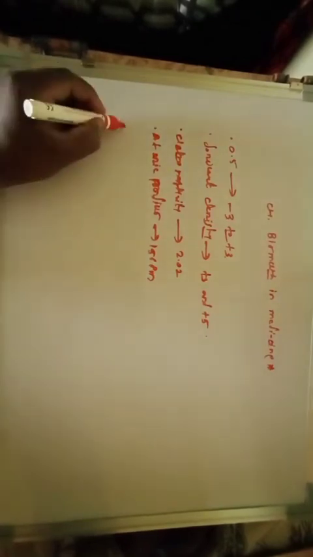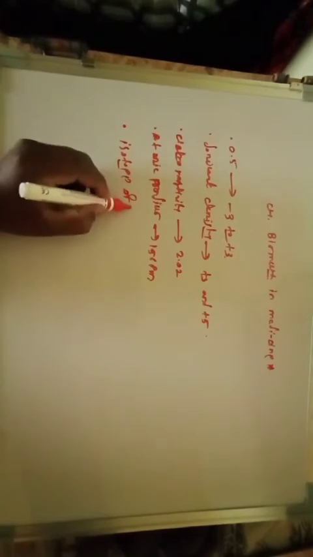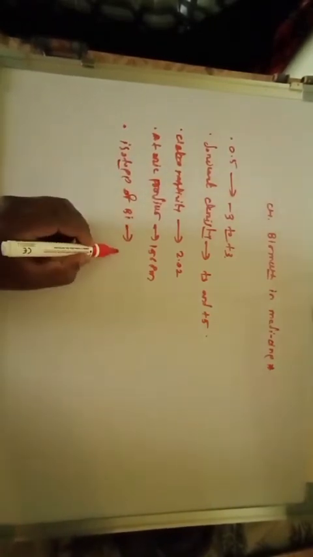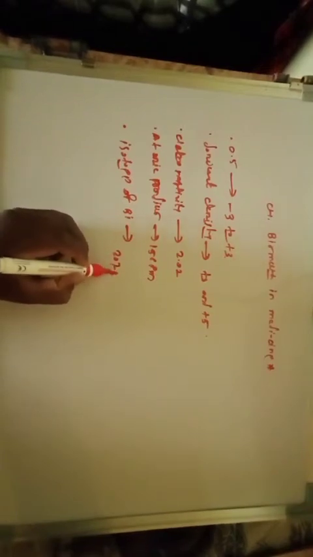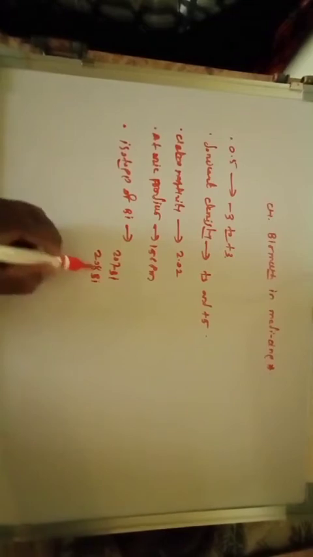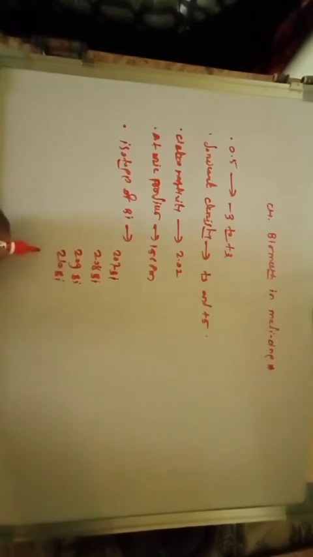If you consider the isotopes of bismuth, it has bismuth-207, bismuth-208, bismuth-209, bismuth-210, and bismuth-210 metastable.